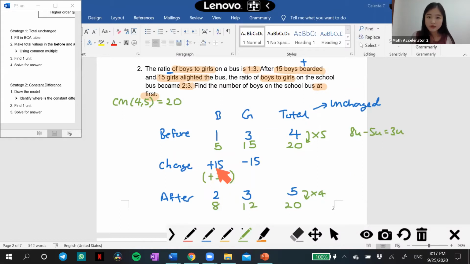And you know that 15 boys boarded the bus. So if you add 3 units and 15 boys were added onto the bus, that tells us that 3 units equals to 15. And 1 unit, you have to divide by 3, which is 5.